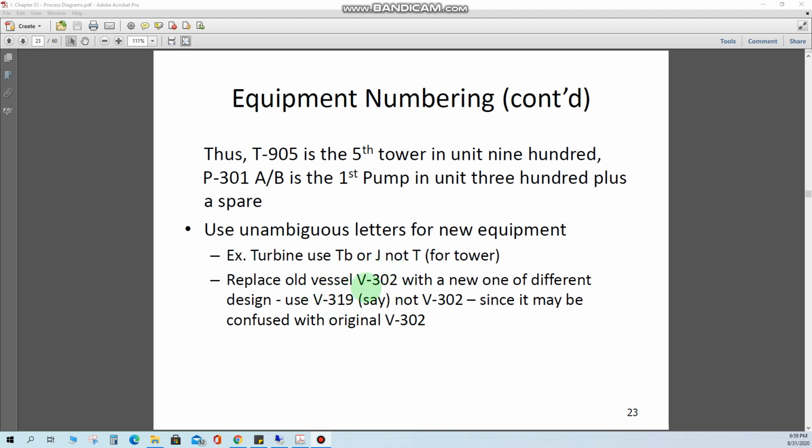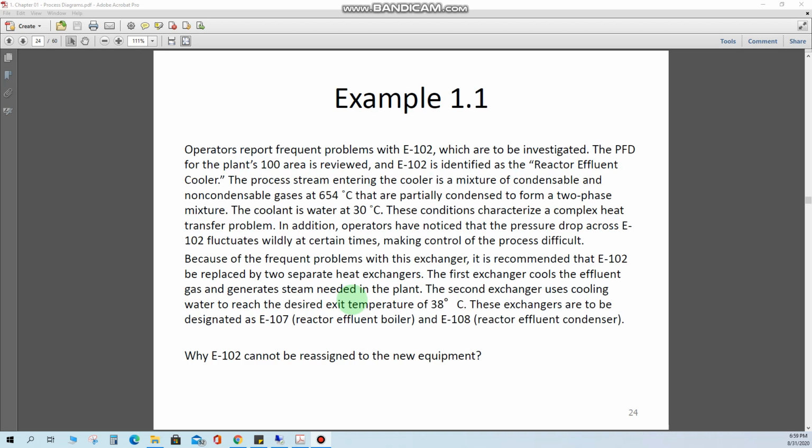You cannot use the old tag, because otherwise it will create misunderstanding between different people who are working on the process. Okay, so every time you have a new installation in the process, you should write down or specify the new name of that equipment.